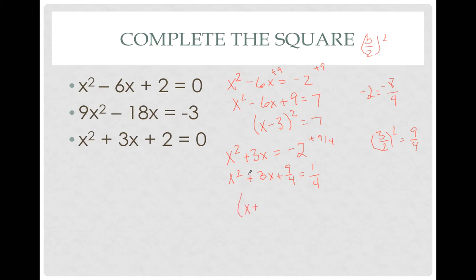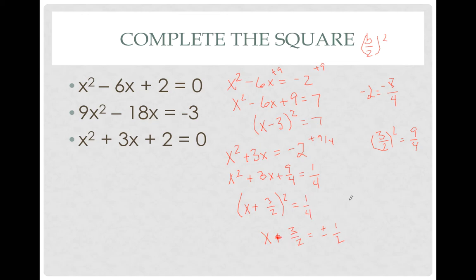Since that's a plus, that's a plus. 3 over 2 is that piece that gets put right in there. And we get this. We can square root both sides, so we get x plus 3/2 equals plus or minus 1/2, because the square root of 1/4 is 1/2.